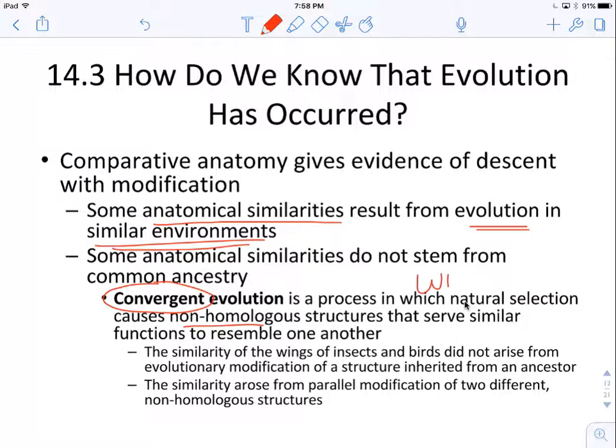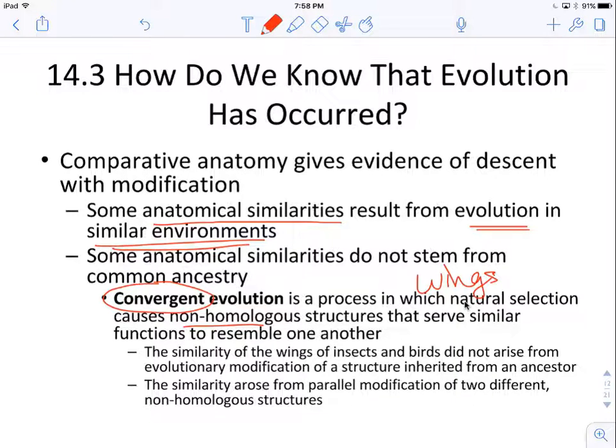wings is the most common example of convergent evolution. Okay, there's a certain design for a wing that makes flying easy. Okay, we designed airplane wings that way. Bird wings, insect wings, bat wings, all those wings are designed the same way.